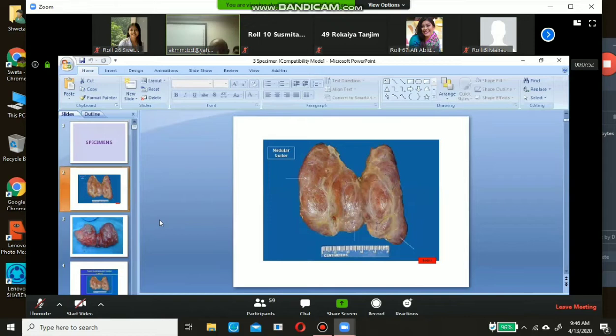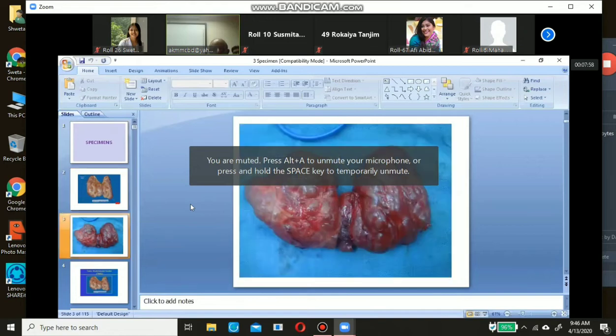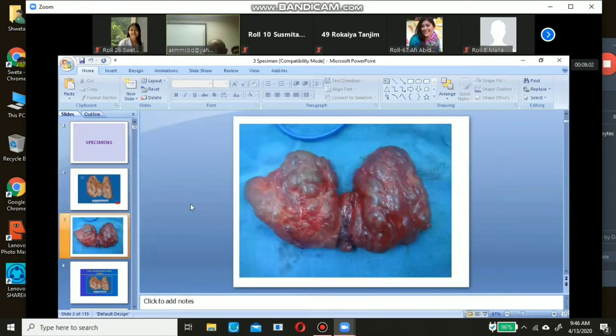Then come to the next specimen. The same, the butterfly-shaped organ, it is thyroid, and you can see obvious variable size, multiple nodules in the thyroid. Therefore, it is multinodular goiter.